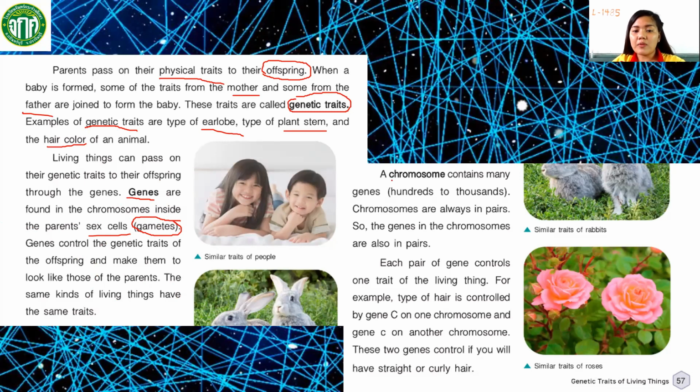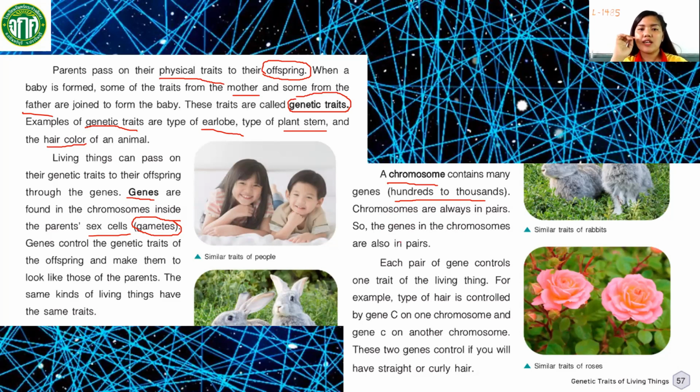A chromosome contains many genes, hundreds to thousands of genes in a chromosome. Chromosomes are always in pairs, meaning two. Since the chromosomes are in pairs, the genes in the chromosomes are also in pairs.